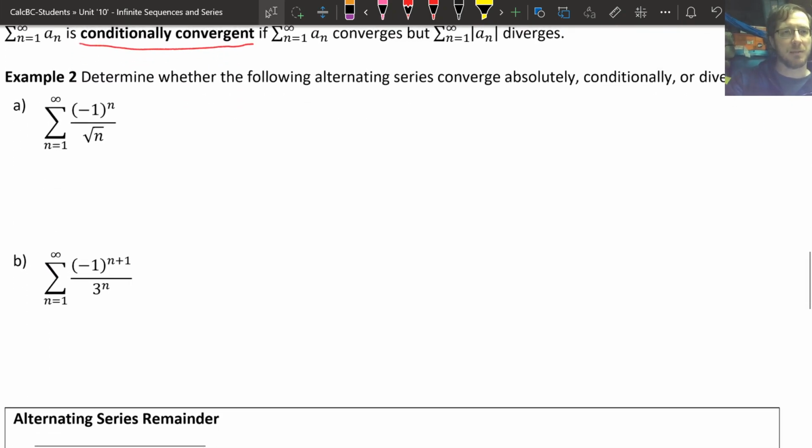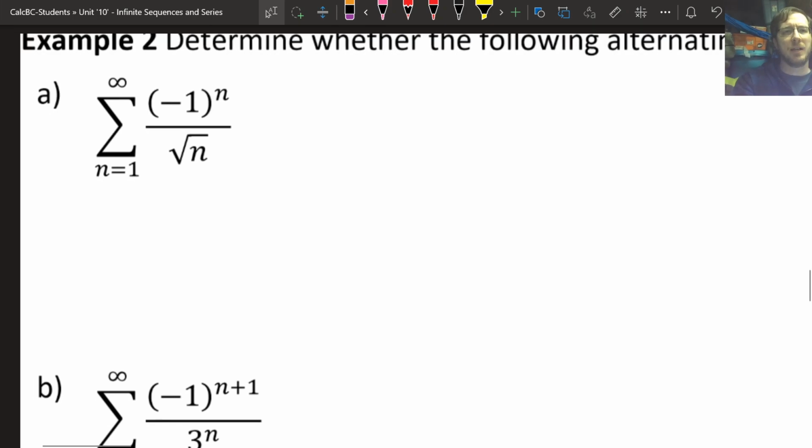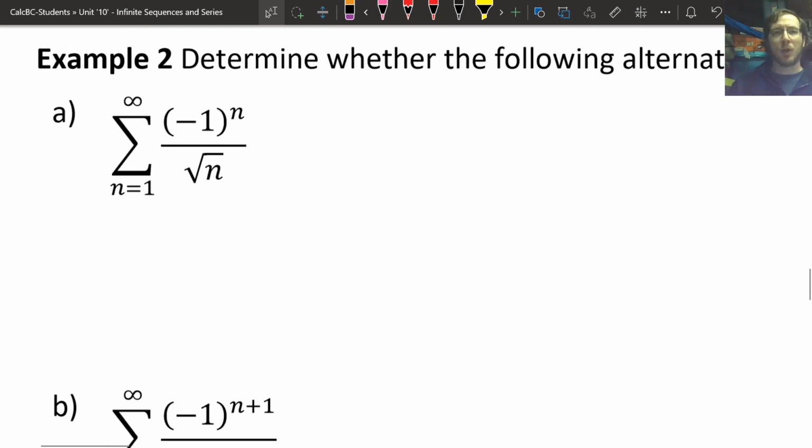Let's see what a couple examples are going to look like. Example 2 said determine whether the following alternating series converge absolutely, conditionally, or diverge. First one, we've got an infinite series of (-1) to the n over the square root of n. We always want to check for our absolute convergence first.